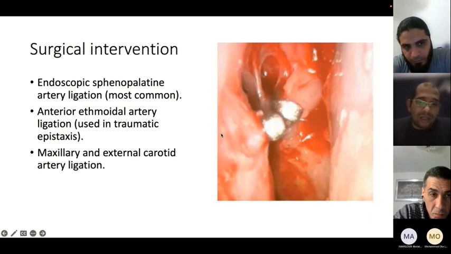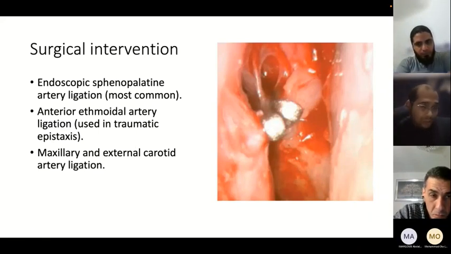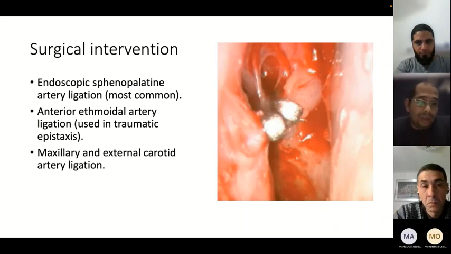In some other cases, there may be a main cause, most probably traumatic causes of epistaxis. This cause most probably comes from the anterior ethmoidal artery. When the patient cannot be controlled conservatively and still bleeds after the indirect therapy, we may also do endoscopic or external approach anterior ethmoidal artery ligation.